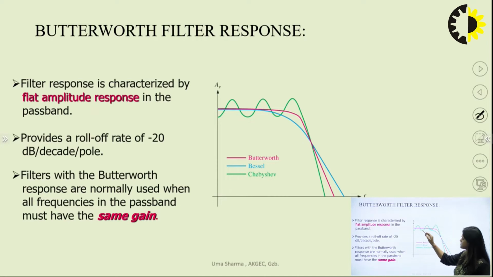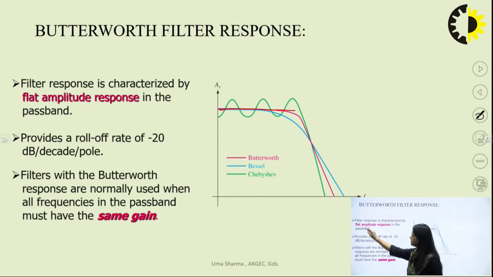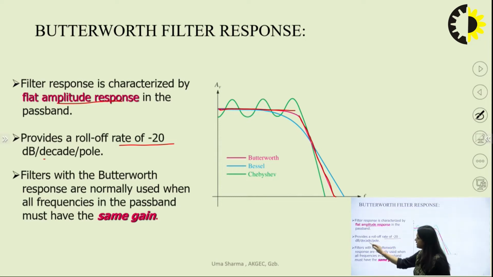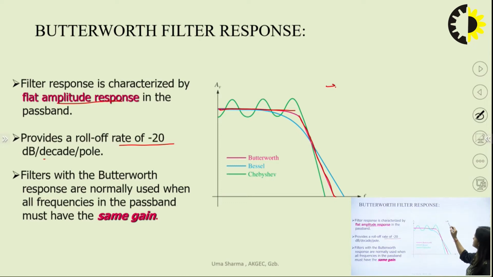In the Butterworth response, you can see that the pass band is flat, whereas in the stop band we get a constant roll-off rate. That means the rate of decrement of the gain, which is 20 dB per decade per pole. So if we are talking about a single pole, the gain is minus 20 dB per decade.